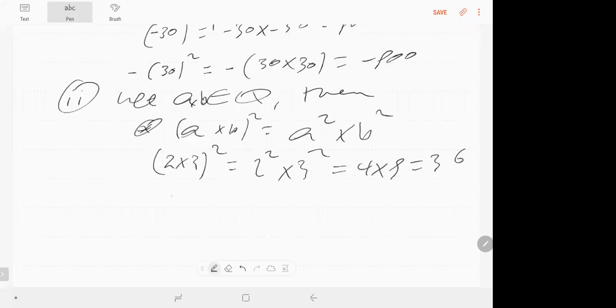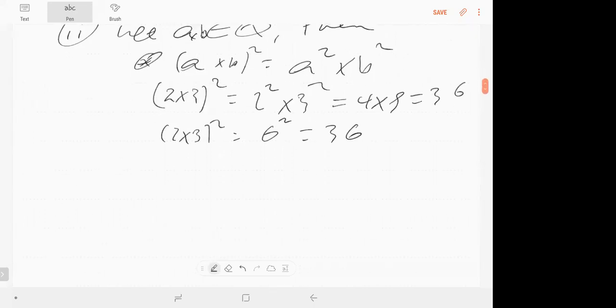Again, you can calculate it like this: (2 times 3) squared means 2 times 3 is 6, so 6 squared, which is equal to 36. So the property holds true. We can check the property by an example like this. Again, (A over B) squared is equal to A squared over B squared.